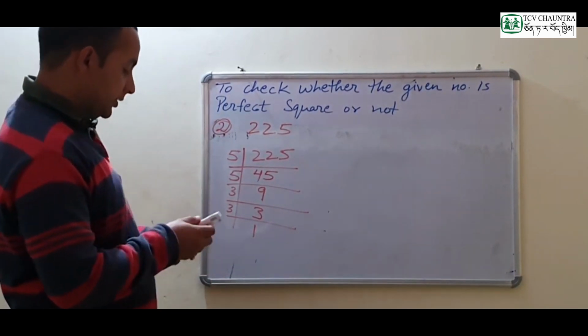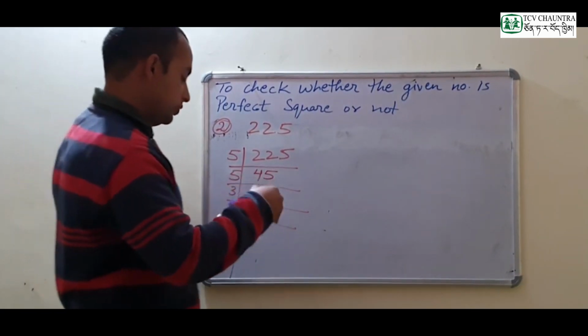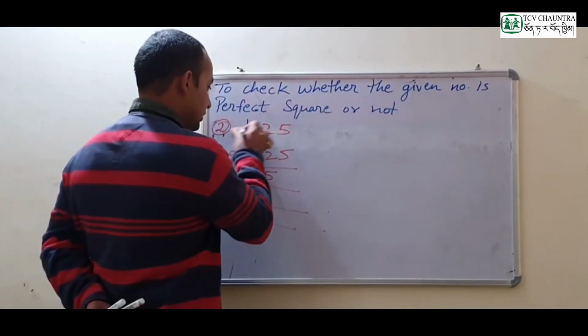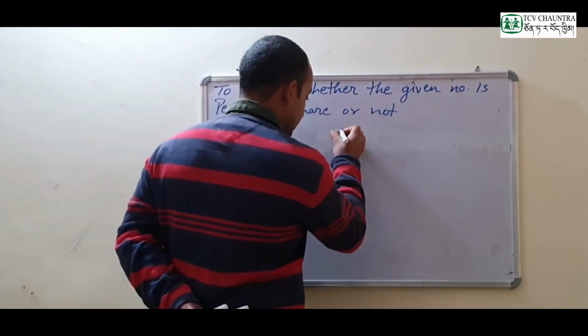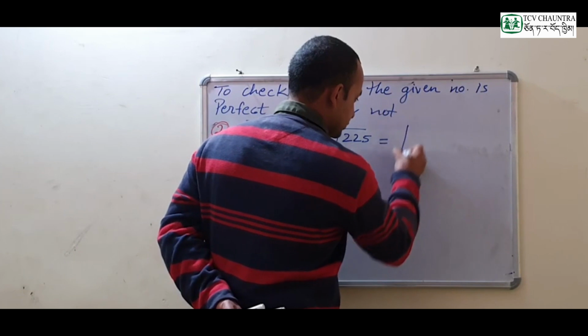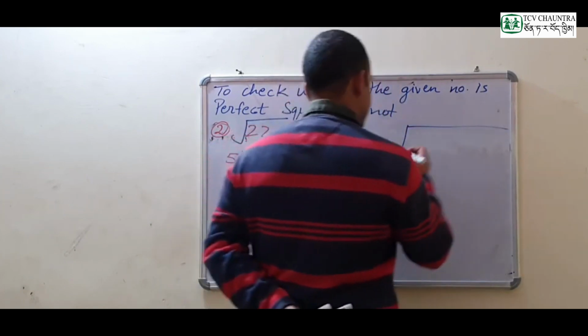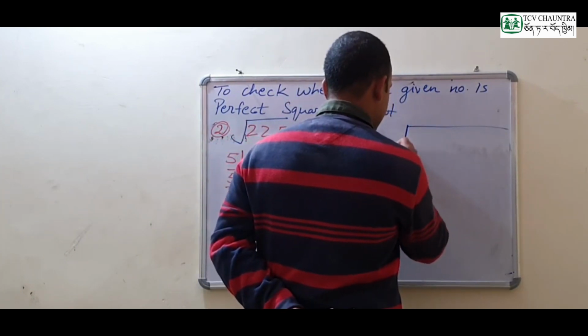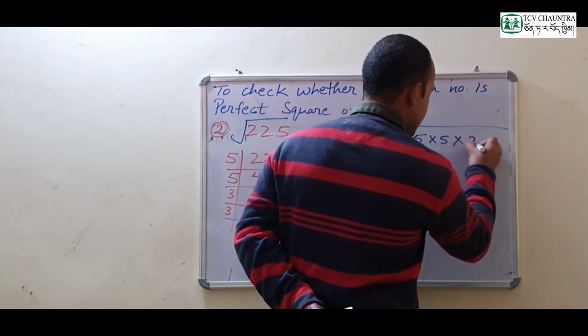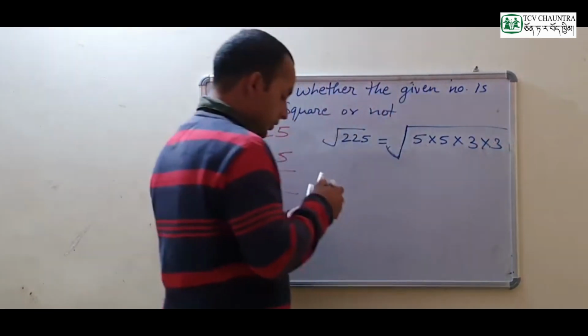So the prime factors of the number 225 are 5 multiplied by 5 multiplied by 3 multiplied by 3.